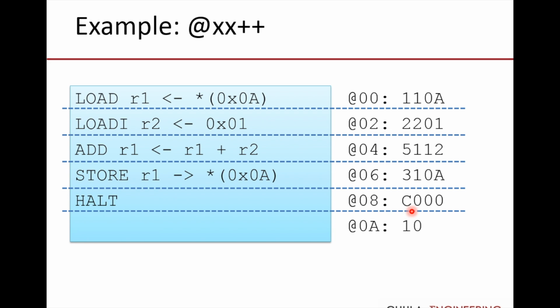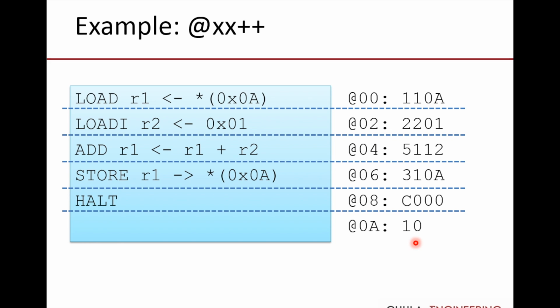And then we have the halt instruction. Suppose that at 0A we have the value 10. For this sample program, first we load the data in memory at address 0A into register 1.